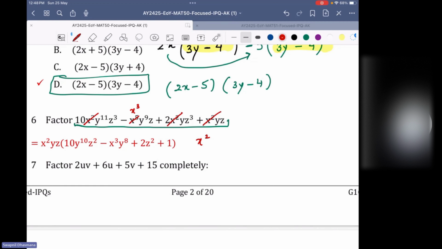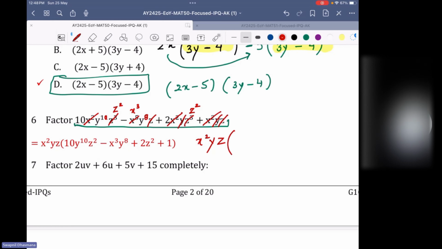For y, I can see y11, y9, y1, and y1. So maximum I can take is y1. So this will be 10, this will be 8, y gone, y gone. Same way z, I can only take one z common. So this will be gone, this will be z2, this is gone, this will be z2.